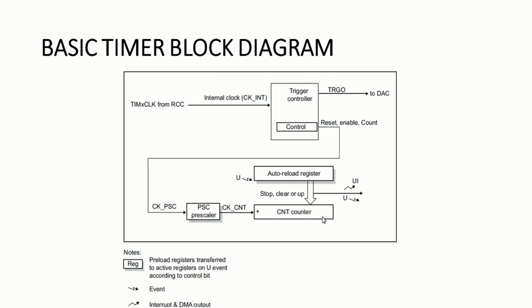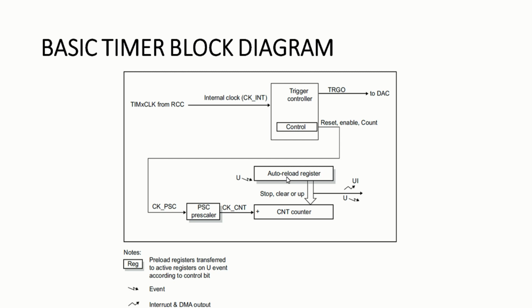The CNT register is the register where the counting actually happens. As we saw before, the counting from 0 to 5 will happen here, and the ARR, the auto reload register, is the register where we store the pre-programmed value or period, which is the 5 that I explained in the previous case.